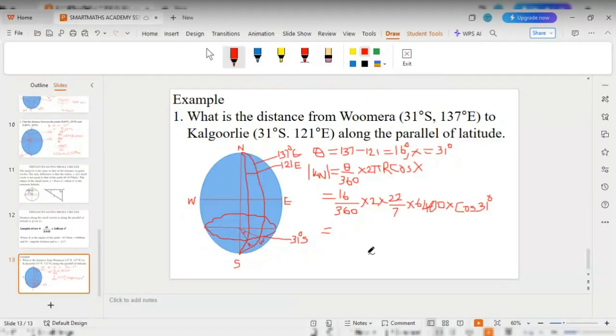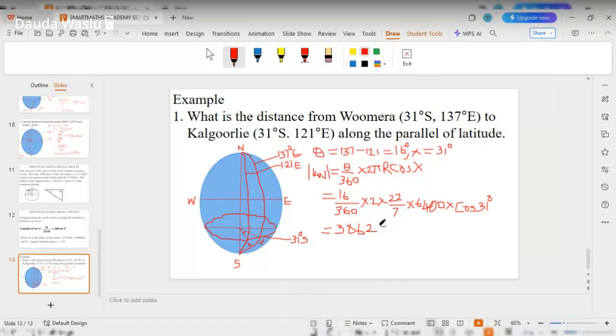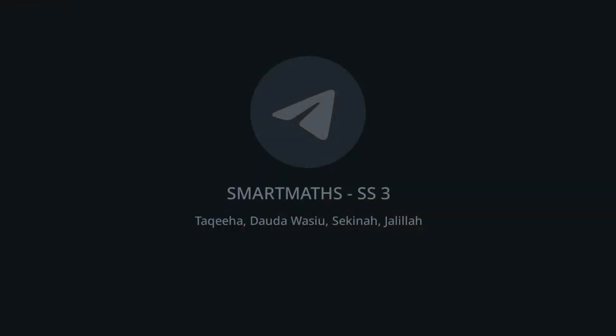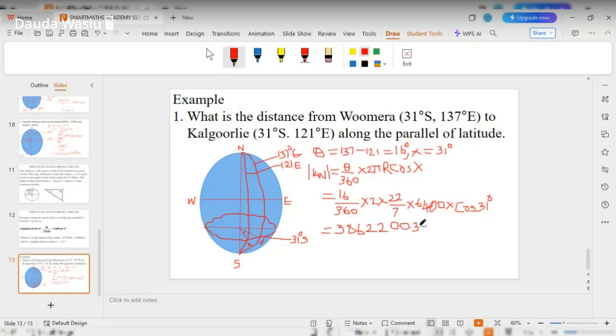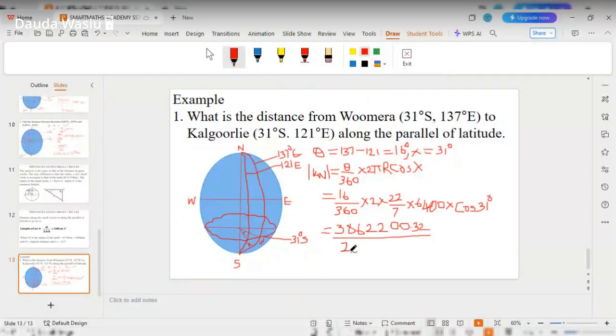Everything there is 3,862,200.32, all over 360 multiplied by 7, that is 2520.